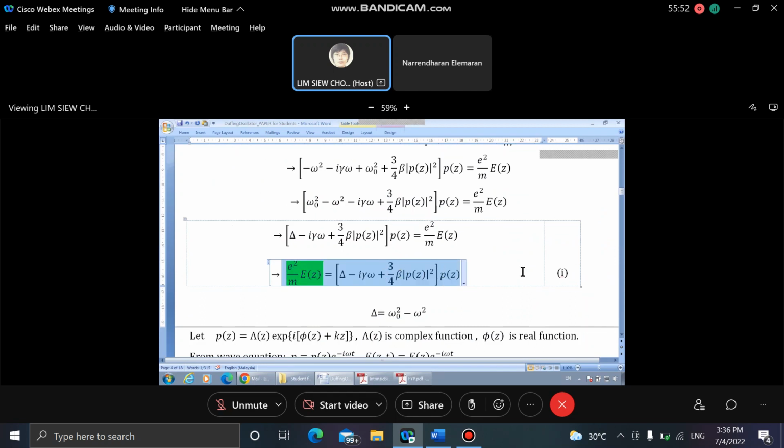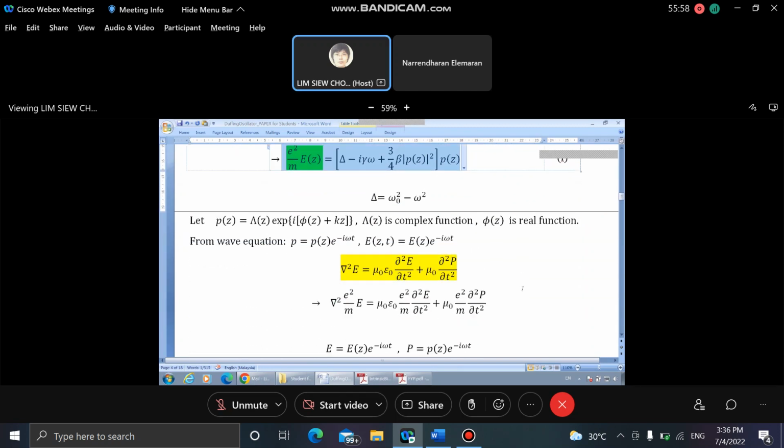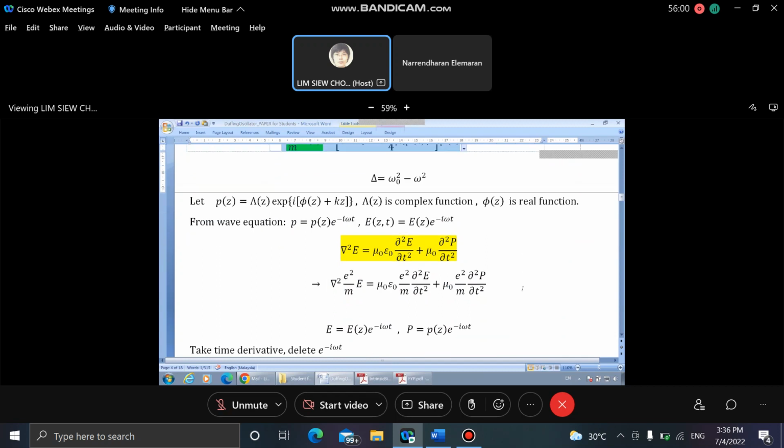This is the response of the material. Okay. So in order to do so, okay, then we need to do something. We take the wave equation, the yellow one just now.